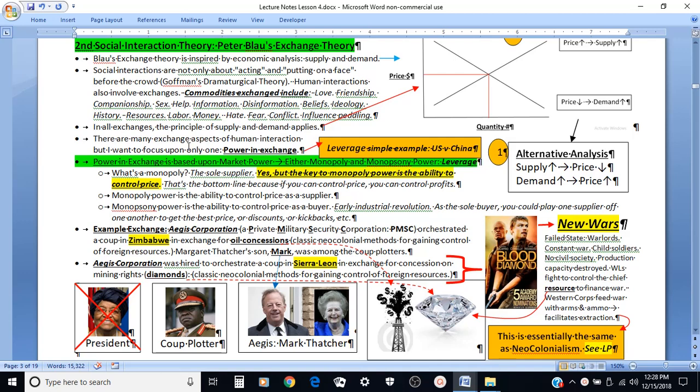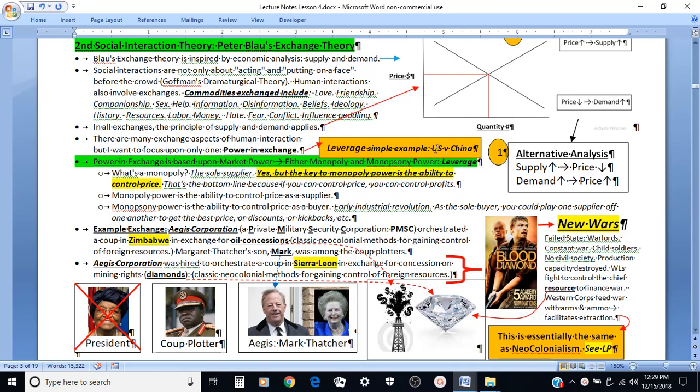Now, there are many aspects of exchange in human interaction, but I only want to focus upon one, which is power in exchange, which relates to the concept of leverage. Now, a simple example that's a current issue is U.S. versus China trade relations, kind of like a tariff, a little war.